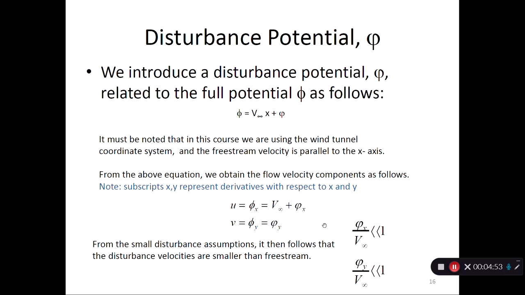Mathematically we can say the ratio of the disturbance velocity to the free stream velocity is very much smaller than 1, both in the x direction and also in the y direction. If this is hundreds of meters per second in the denominator, the numerator will be tenths of a meter per second. So it's like 0.1. So 0.1 is small compared to 1.